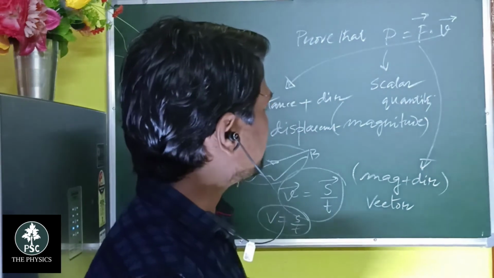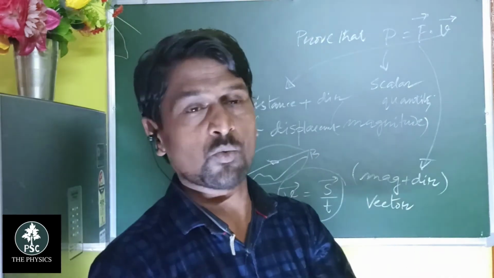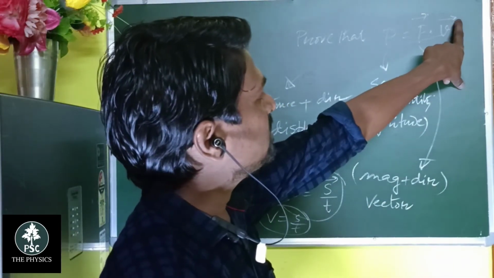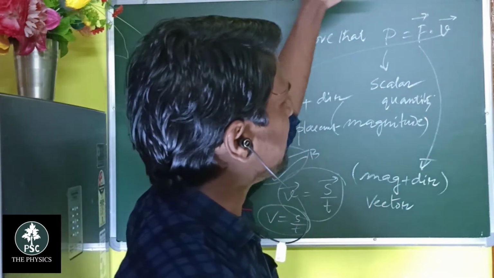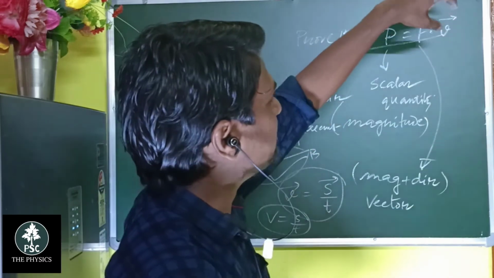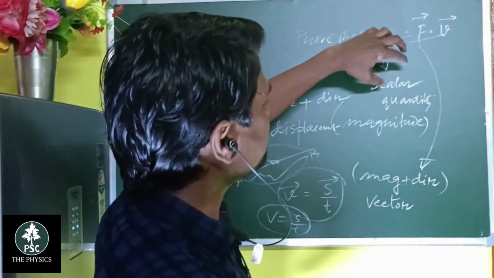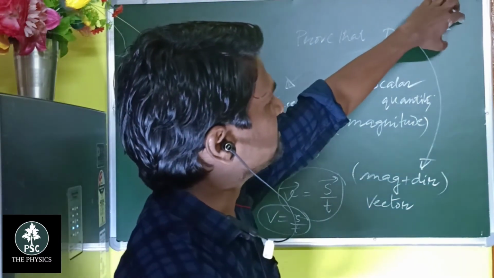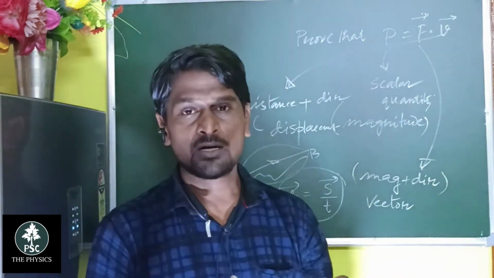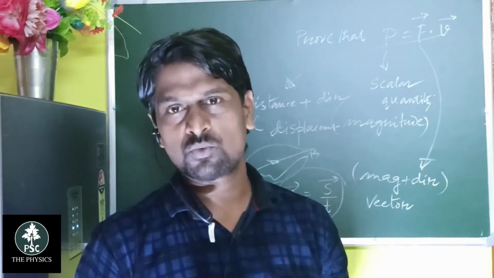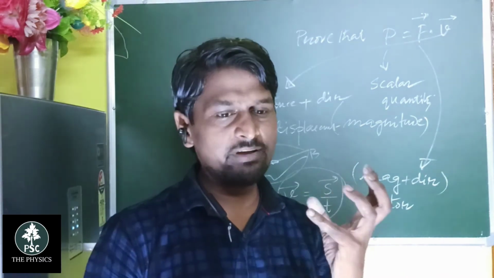So these are the different cases. That's why we can take this one as a vector, and when it is a vector quantity, you have to use an arrow overhead that specifies that particular physical quantity is a vector. So power is a scalar quantity, and force is a vector, and velocity is a vector. In physics, students, you cannot simply multiply a scalar and another scalar, or a vector and another vector.